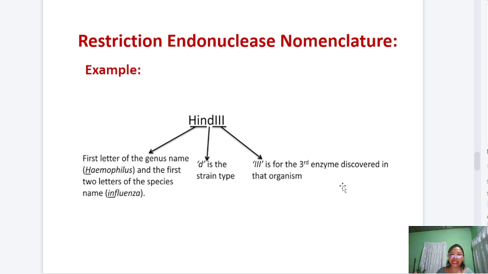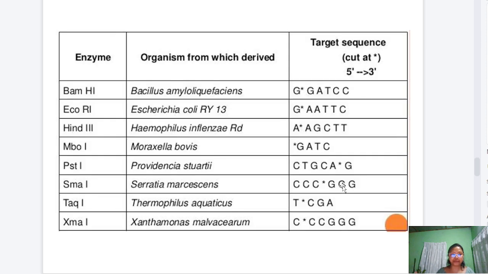From the same bacteria itself, you can get many restriction enzymes, and based on which was the first one to be discovered, which was the second, third, fourth, fifth, and so forth, this last Roman numbering is given to them. HindIII being the third one to be discovered, it is named accordingly. I hope it is very clear how we give the names to these restriction endonucleases.